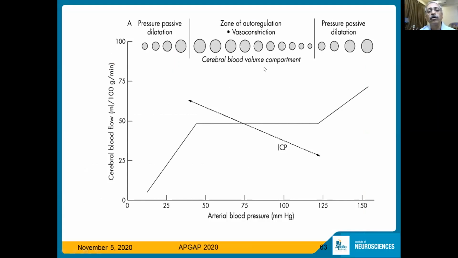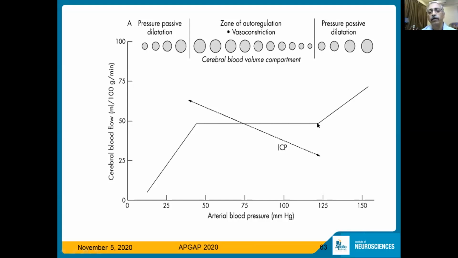This is brought about at the arterial level, and there is a narrowing of the vessels or the arterioles, and there is increased resistance. As the resistance increases, the flow reduces. So as the pressure increases, the caliber of the vessel reduces and the resistance increases, and thereby the flow reduces.